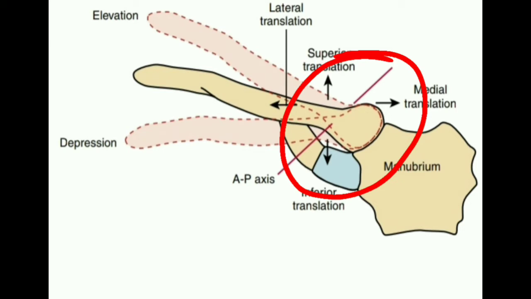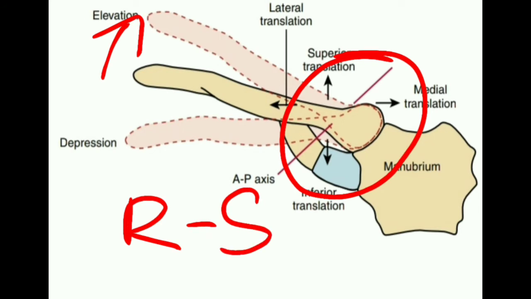When there is elevation, the opposite will happen on the other side, inside the joint. So the rolling will be in the superior direction and the gliding will be in the inferior direction, just opposite to the outside motion.